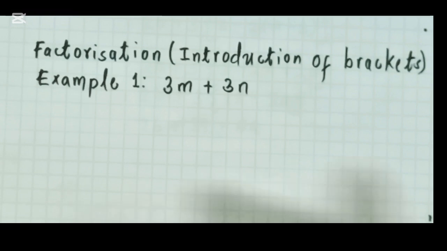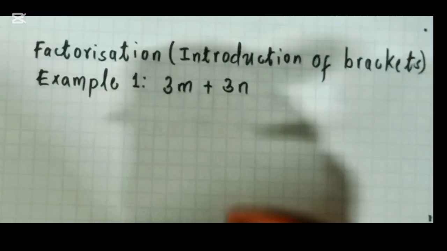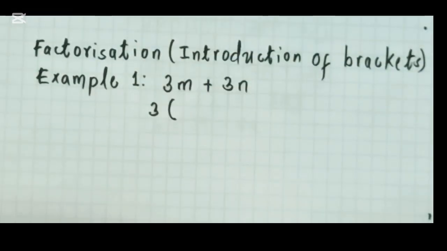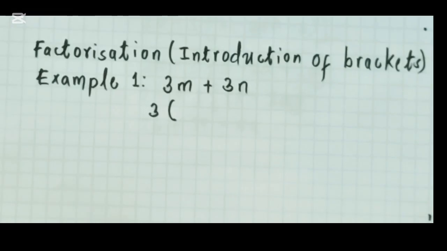And so 3 is going to be our common divisor there. Having identified that common divisor, we'll pull it out, then introduce brackets, and within the brackets, we will write what remains after dividing the terms by the common divisor.